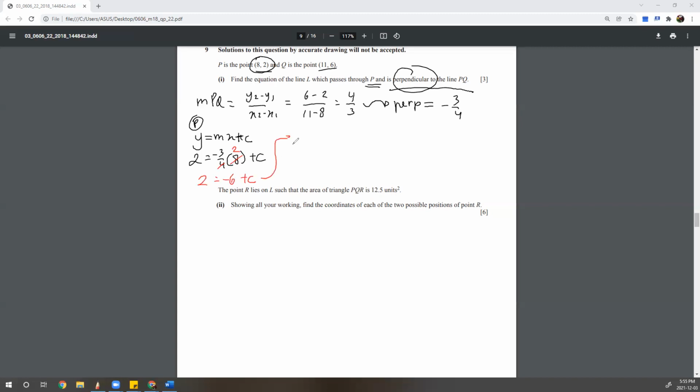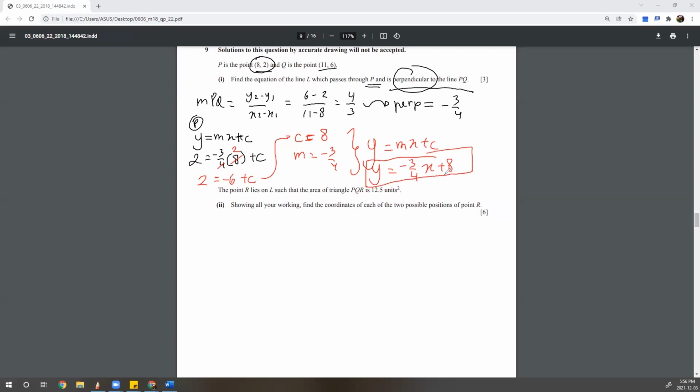I don't know how far your teacher teach you this, so I just do the best I can, the simplest understanding to you. Okay, so c equals 8, and the m is already negative 3 over 4. It's given already, it's obtained. So the equation will be y equals mx plus c, with the y as y itself, no need to change into another number. M is constant, negative 3 over 4 x, plus c is 8. That's it.